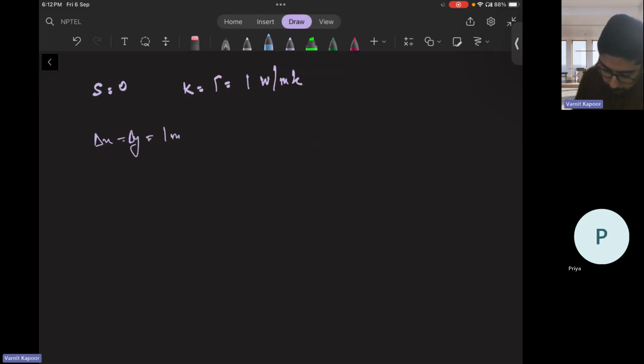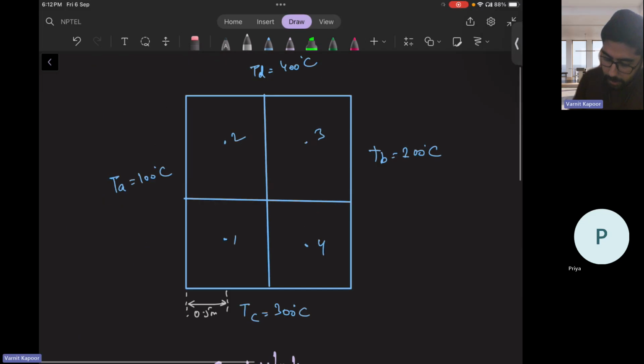So for cell 1, there is an east, a west, a north, a south. It's two-dimensional, so we are applying TDMA here.